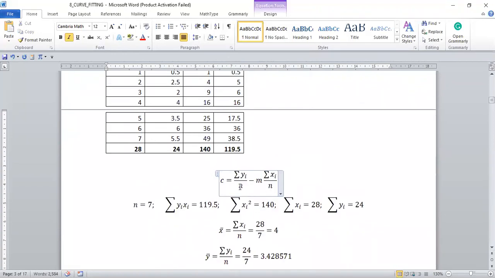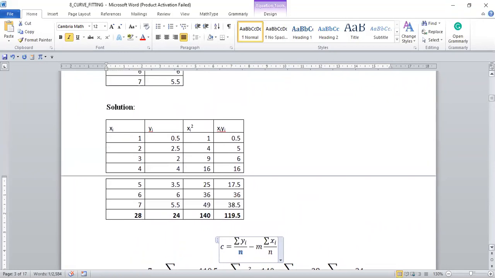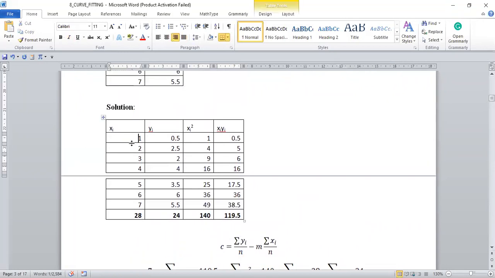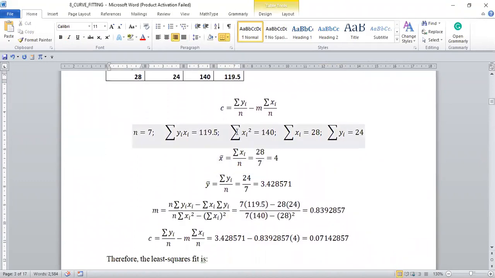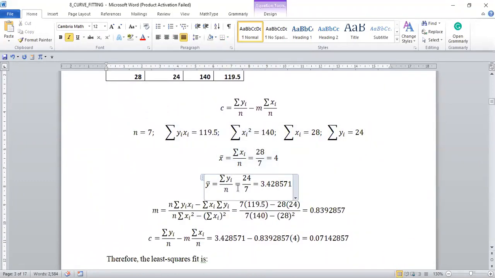Then we need n. In this question, n is the number of data points you have: 1, 2, 3, 4, 5, 6, and 7. So n is equal to 7. We already know all these values from the table and the summation.